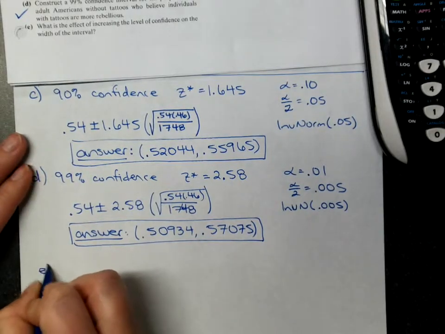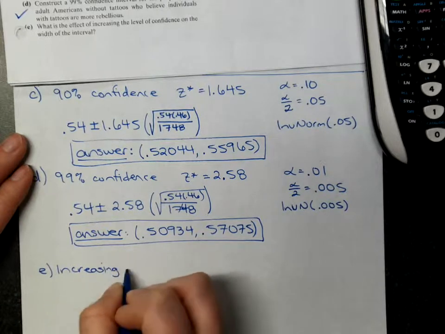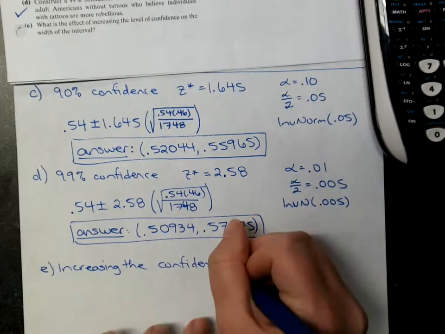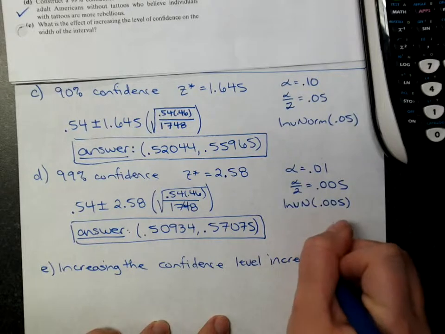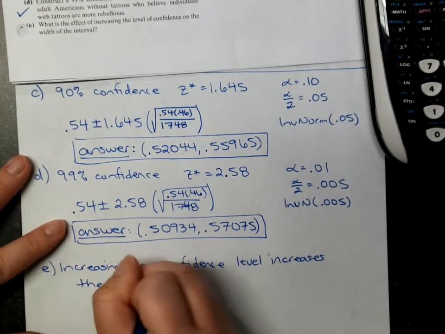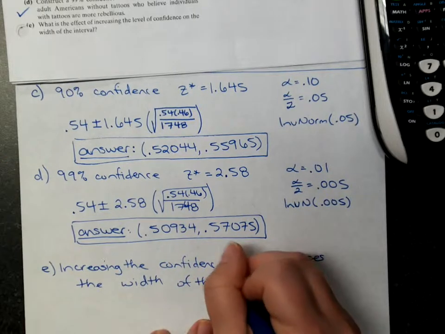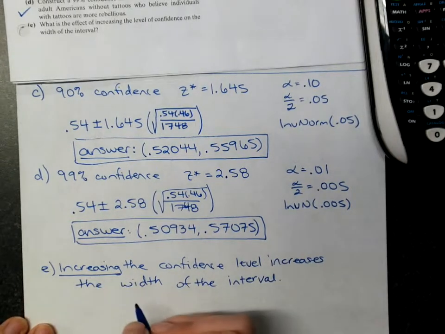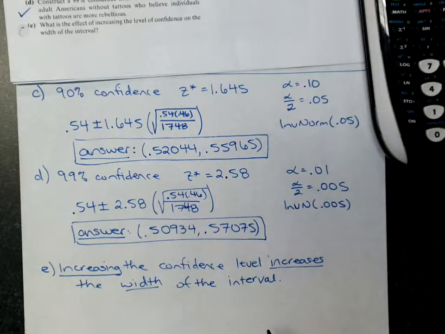And so what you should have noticed is that increasing the confidence level increases the width of the interval. So if you want to be more confident, you want a bigger cushion.